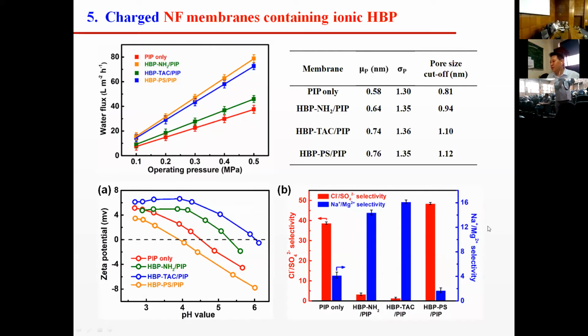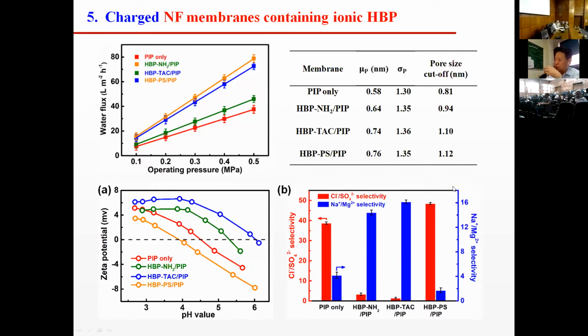This is the separation property of the different salts for the hyperbranched-containing nanofiltration membrane. This property is similar to the PAMAM membranes. So this result suggests we can also use hyperbranched polymer to prepare the nanofiltration membranes, and this hyperbranched nanoparticle should be prepared very easily on a large scale.